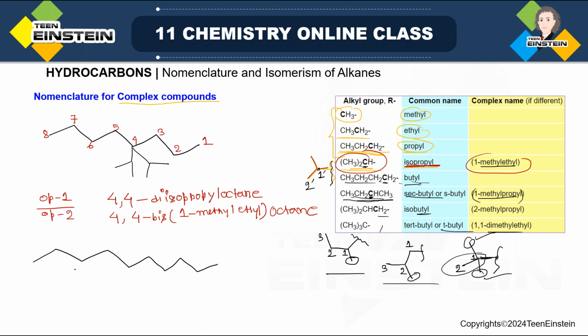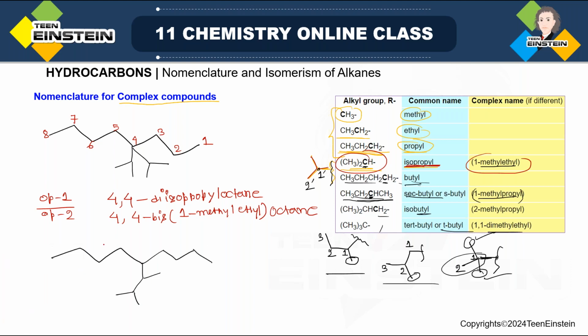So numbering we will do, there will be total 9 carbon. Now at 5 position, okay.